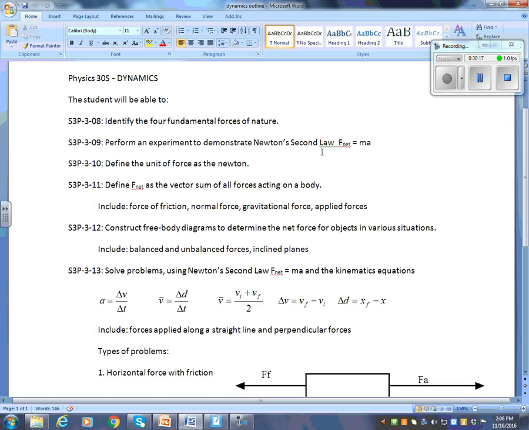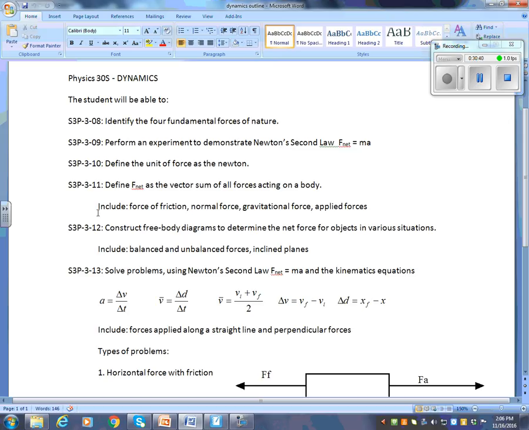Define F net as the vector sum of all forces acting on a body. You thought vectors were over, didn't you? They're back. Vectors, part 2. The sequel. And that will include the force of friction, normal force, gravitational force, and applied forces.